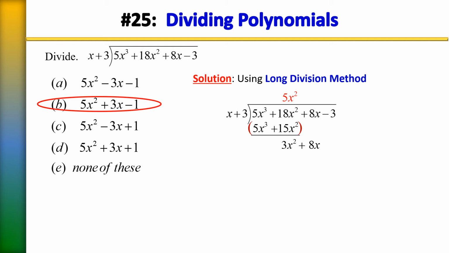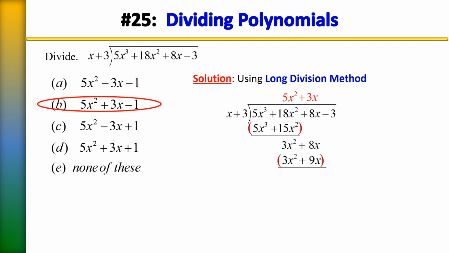So I'm going to go ahead and put that 3x here. So let's check and distribute this 3x. 3x times x, yes, it does equal 3x squared. 3x times 3 equals 9x.